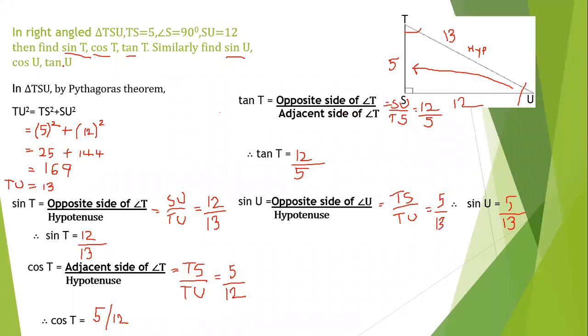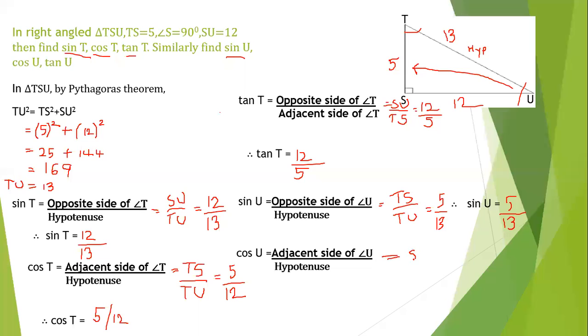The next we need to find is cos U. So first we will write the formula. Cos U is equal to adjacent side of angle U upon hypotenuse. So which side is adjacent to angle U? It is side SU, right?